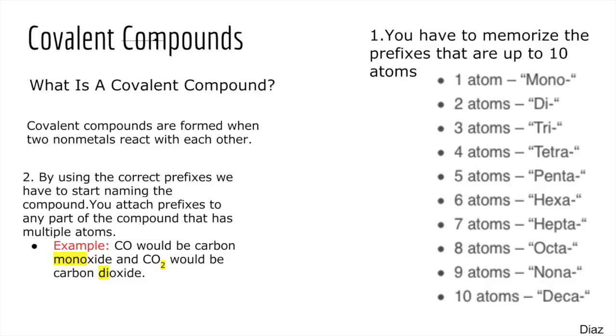For example, CO would be carbon monoxide, and CO2 would be carbon dioxide. Dioxide, because it uses the D for 2. Monoxide, for carbon monoxide, it's mono because it's only one.